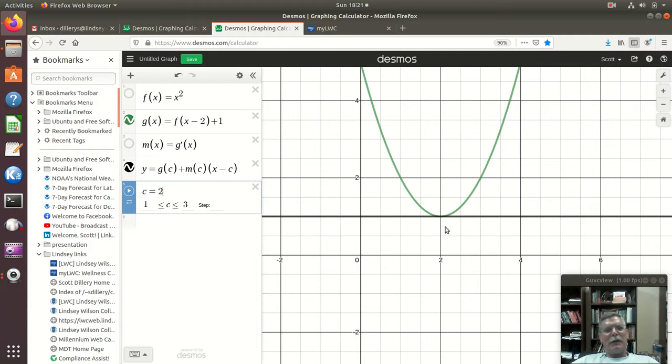Right? That line becomes horizontal. Well, certainly it seems like it should, because here I was going down. I was going down until I got to 2, and then I was going back up after 2, and that's what made this the lowest point, right? I was coming down to it and then going up from it. If that didn't happen, it wouldn't be the lowest point.